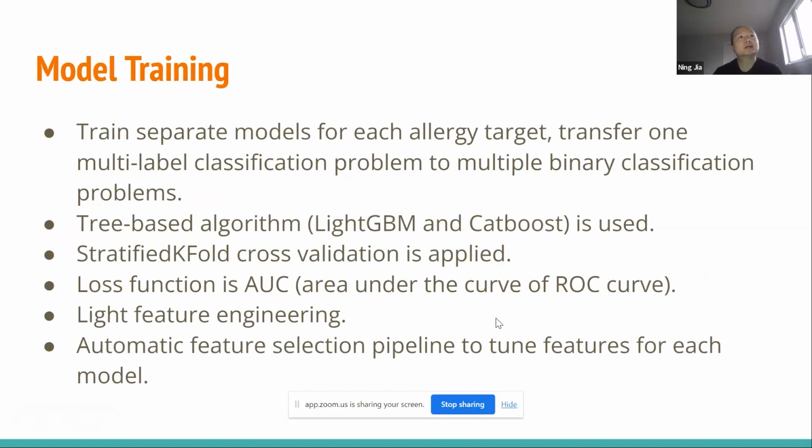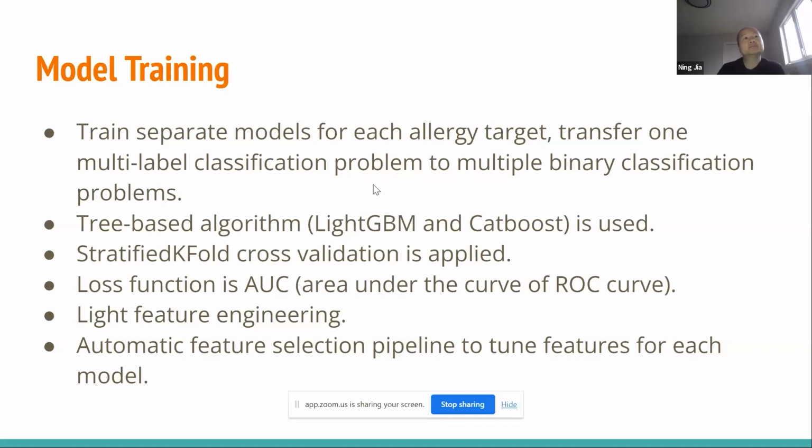Next is model training. I train a separate model for each allergy target, so I transfer one multi-label classification problem into multiple binary classification problems. I tried a multi-output classifier, doing it as multi-label, but it could not compete with the performance of separate binary classifiers.